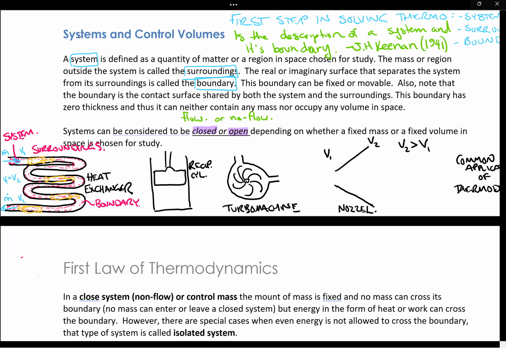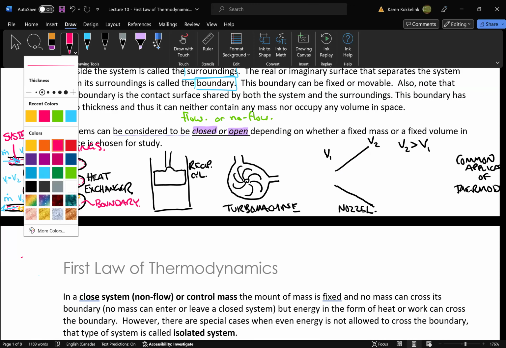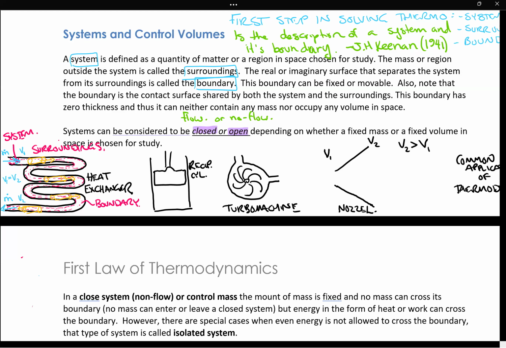The next system is a reciprocating cylinder, or as you might call it, a piston. In this system, I'm going to be really concerned with the fluid that is being compressed. It compresses and it expands, it compresses and it expands. Here, I have no mass flowing through the system.